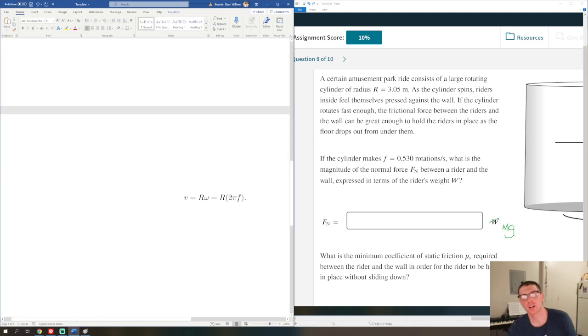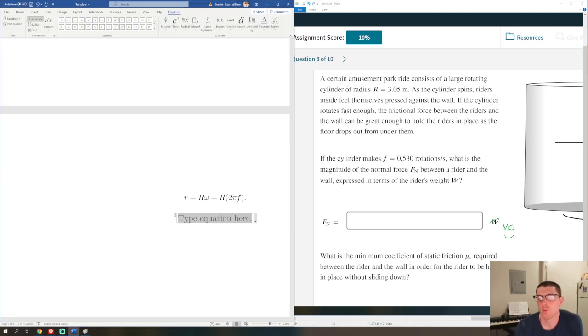So the last thing that I'll say then is that what they want is what I would call this fancy big N, instead of the normal big N that I use for the normal force. And they want you to take the normal force that you find and divide it by mg.